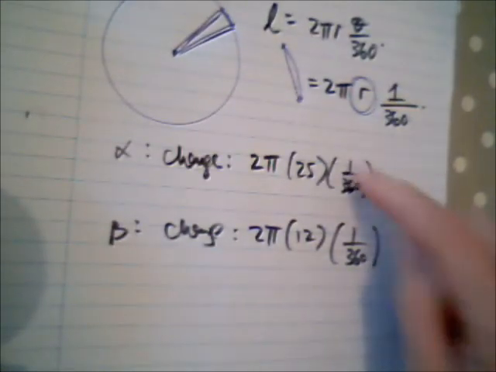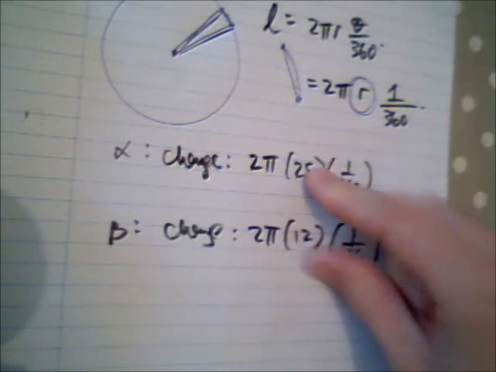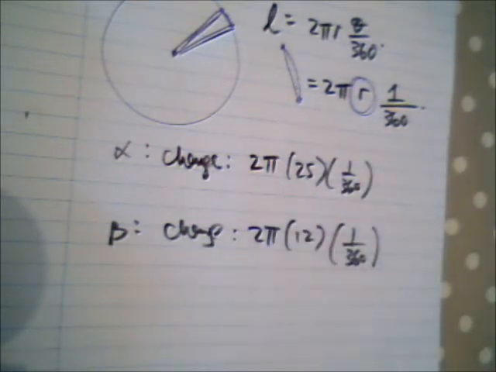Because we're moving both of them 1 degree, theta is fixed, so as the length of the arc is changing, this one's clearly a lot bigger. And for part C, I'm not going to go through part C.